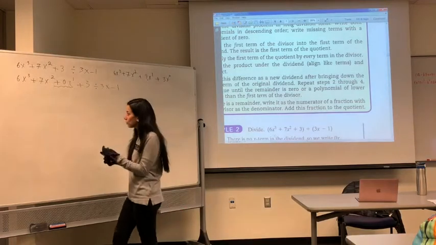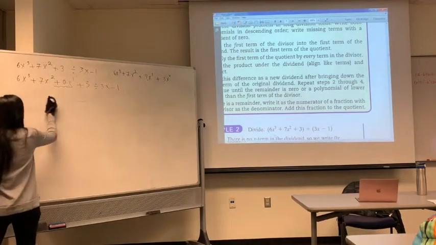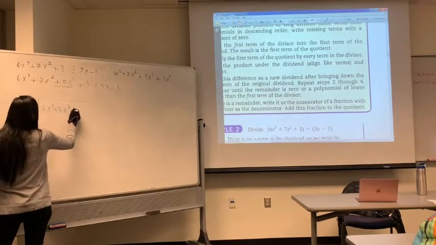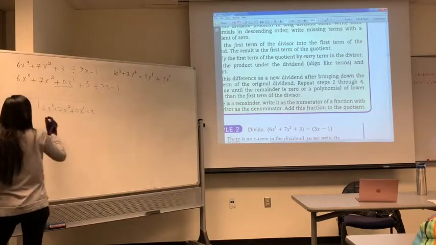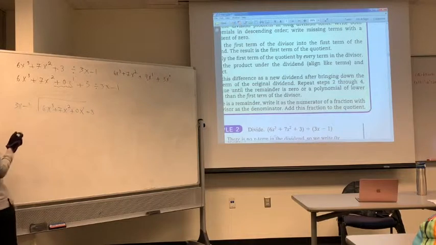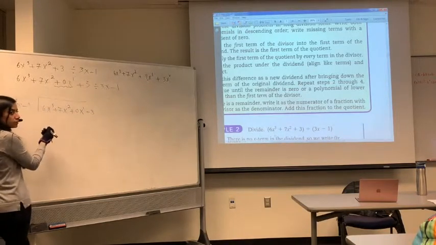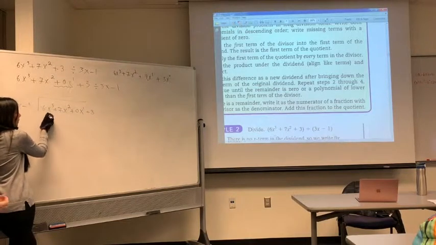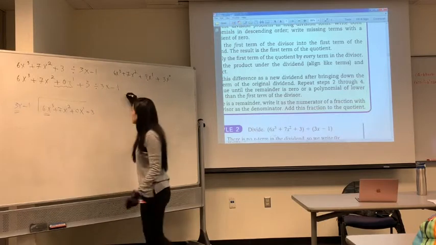So now we have 6x power 3 plus 7x power 2 plus 0x power 1 plus 3, and then we have 3x minus 1, correct? Now we are ready to apply all the method steps we know. We divide 6x cubed by 3x.